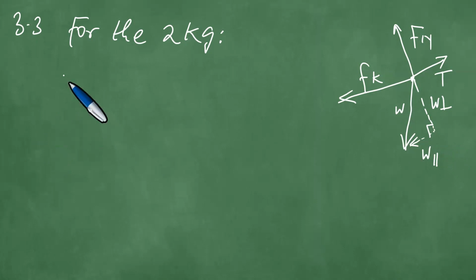With that said, we have F net, which is MA.